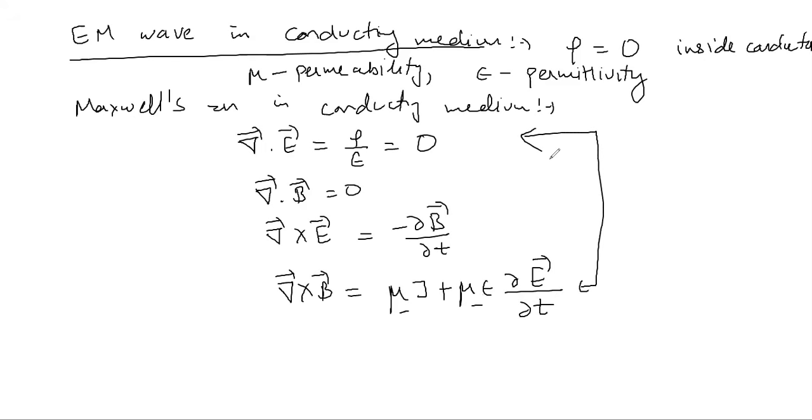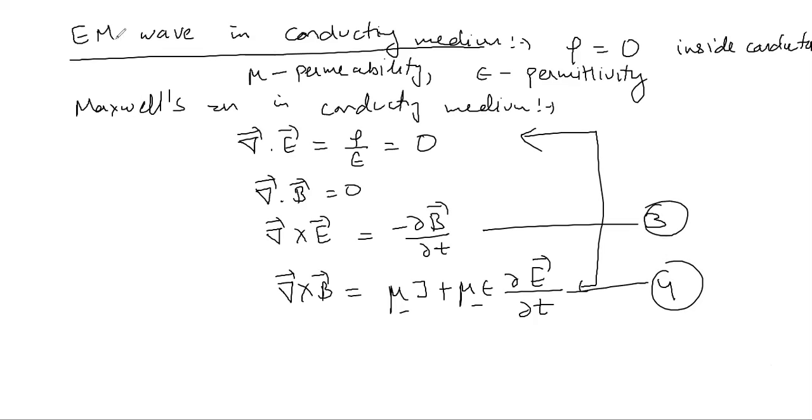As we did for free space, we'll do exactly the similar thing in this case also. Remember, in free space we took equation 3 and equation 4, and we took the curl of equation 3 as well as equation 4 to get the second order differential equation for the electric field and the magnetic field. We'll do the same here also.